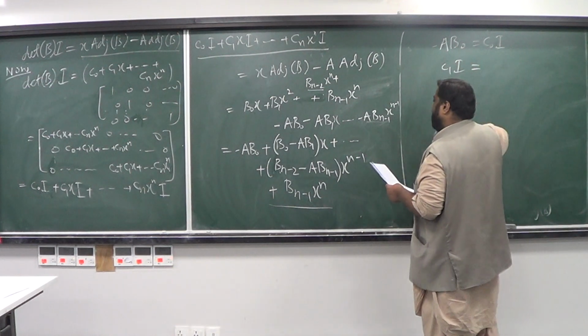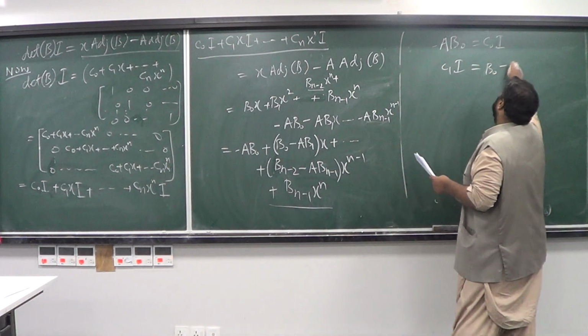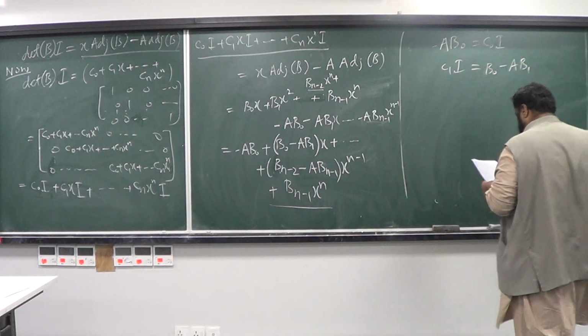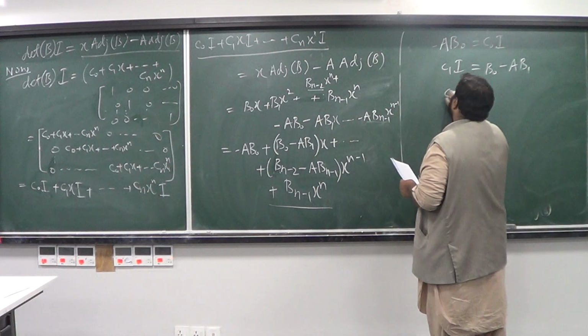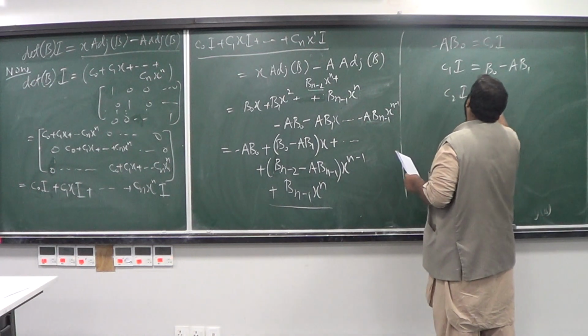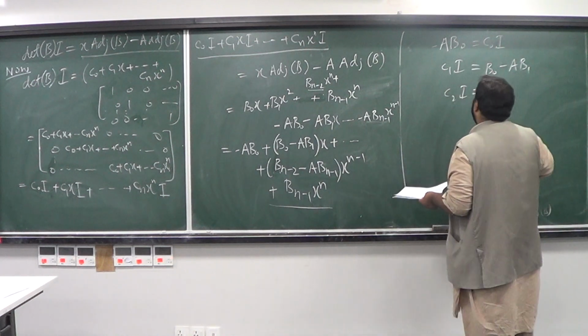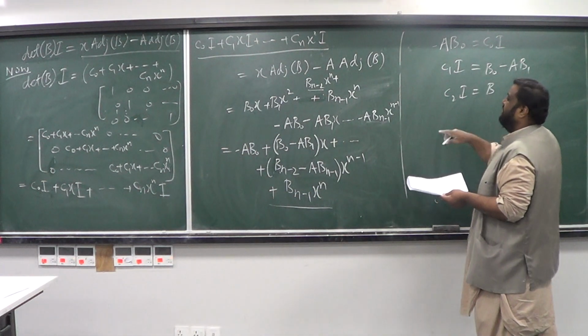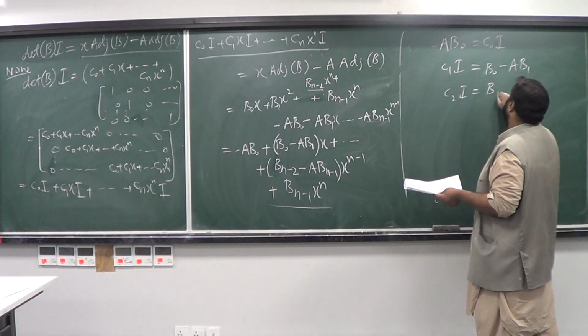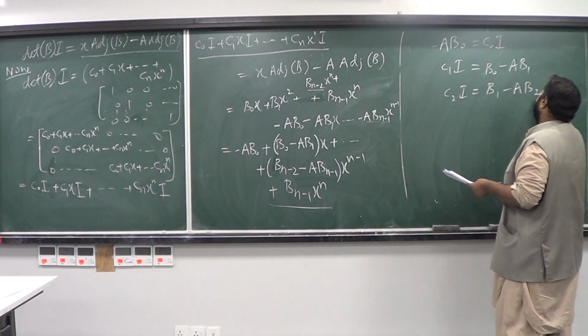C1 I is B naught minus AB1. C2 I is B1 minus AB2.